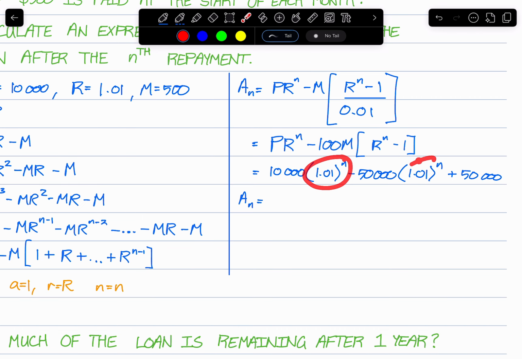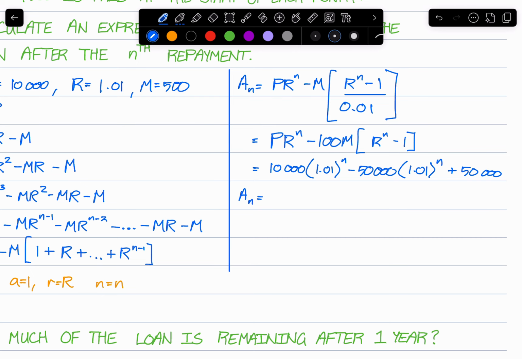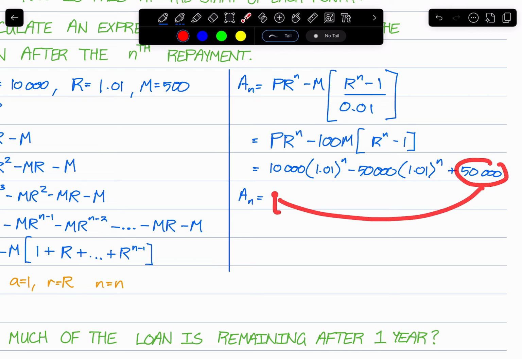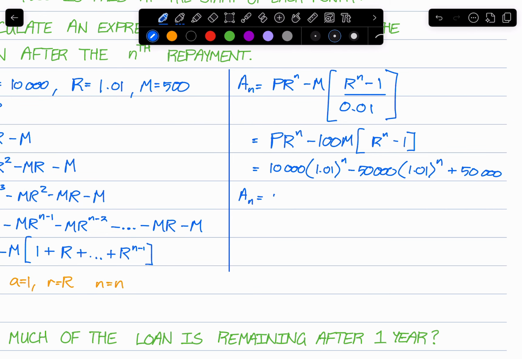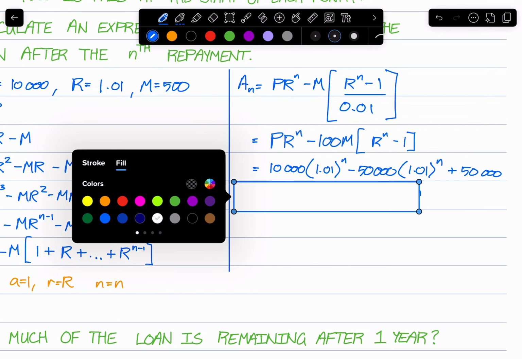They have the exact same 1.01 to the power of n. This will give me negative 40,000. But to make it look nice and neat, I'm going to bring this to the front: 50,000 minus 40,000 times 1.01 to the power of n. And this is the expression that we're going to be working with for A of n.